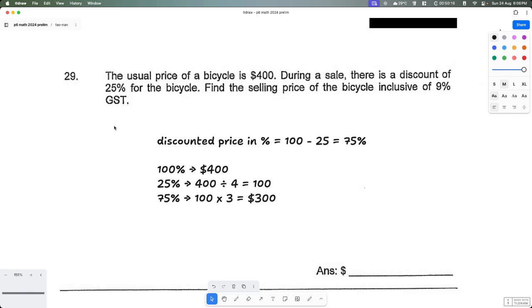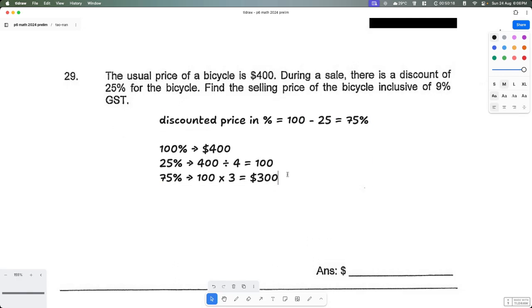Okay, so 75% is 300, then inclusive of GST, so discounted price plus 9% GST. So I'll just put the 9% GST, easier to count.